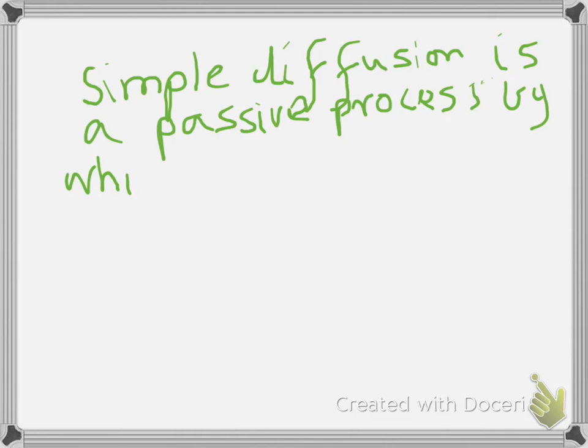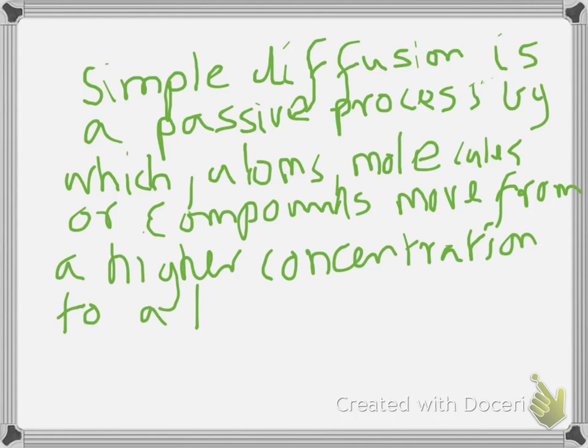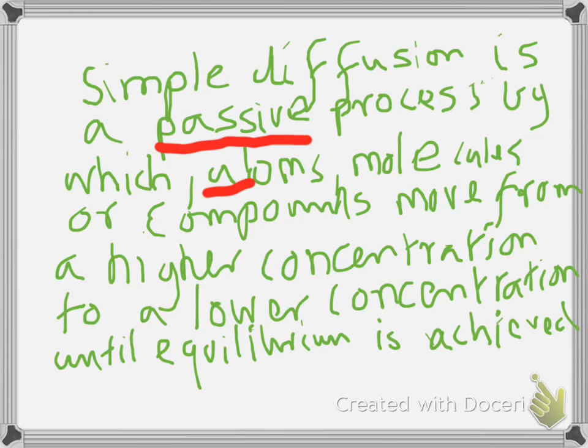Now, let's get a nice definition of what simple diffusion is. Simple diffusion is a passive process. Now, what does this mean? Well, a passive process means that it does not require energy.